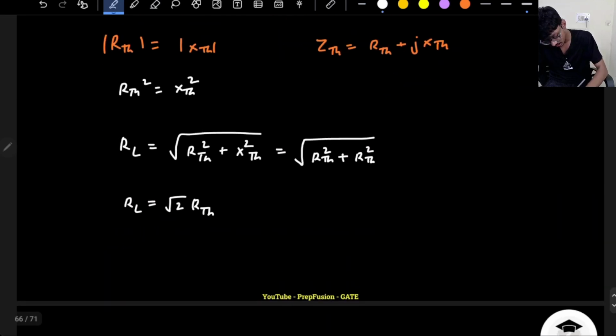This is the condition for maximum power transfer, if you remember.